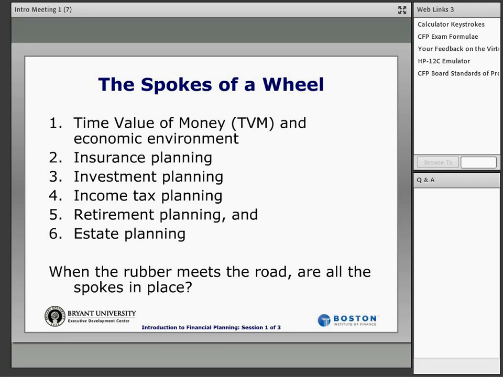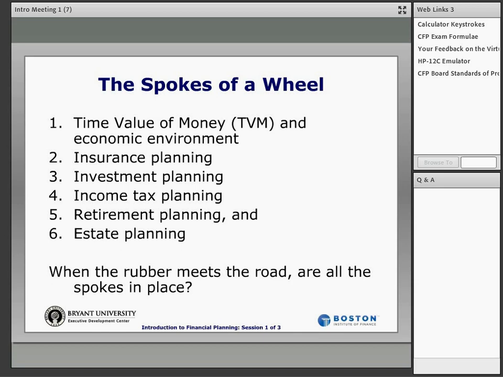Fourth is income tax planning. There are certainly benefits that you can bring to the table where you can at least give some advice on tax planning. It's certainly not expected that you're going to be an expert in taxes. However, you have to be able to know enough to identify if there's a problem or an opportunity for them to potentially do better than they currently are.